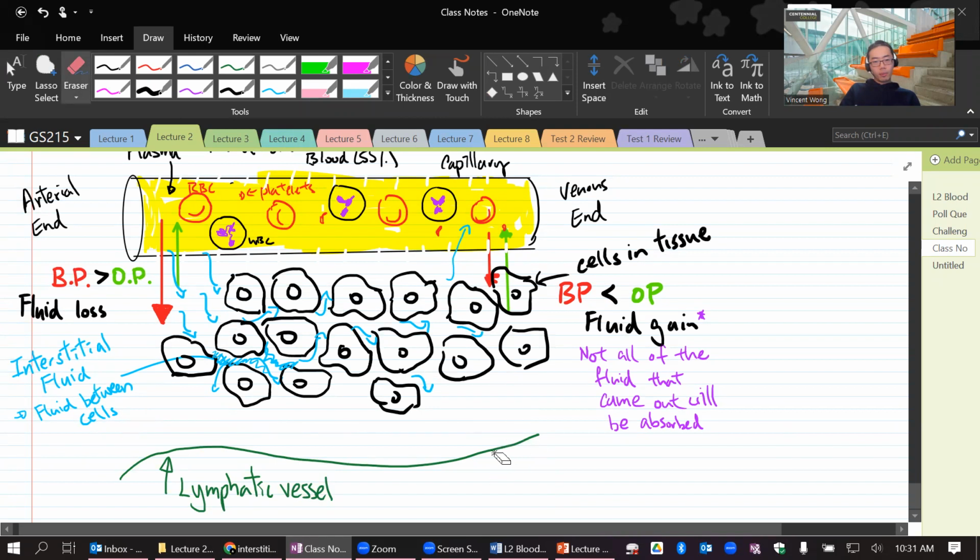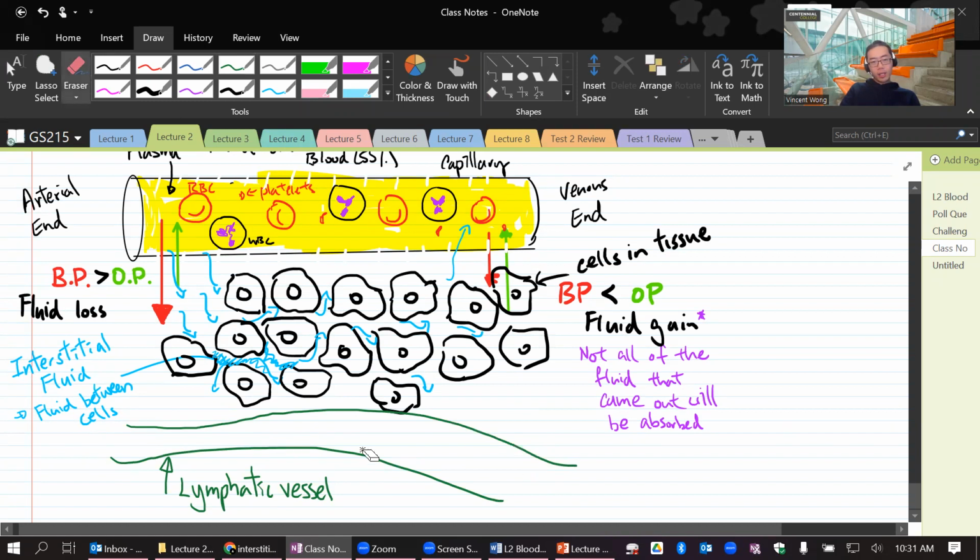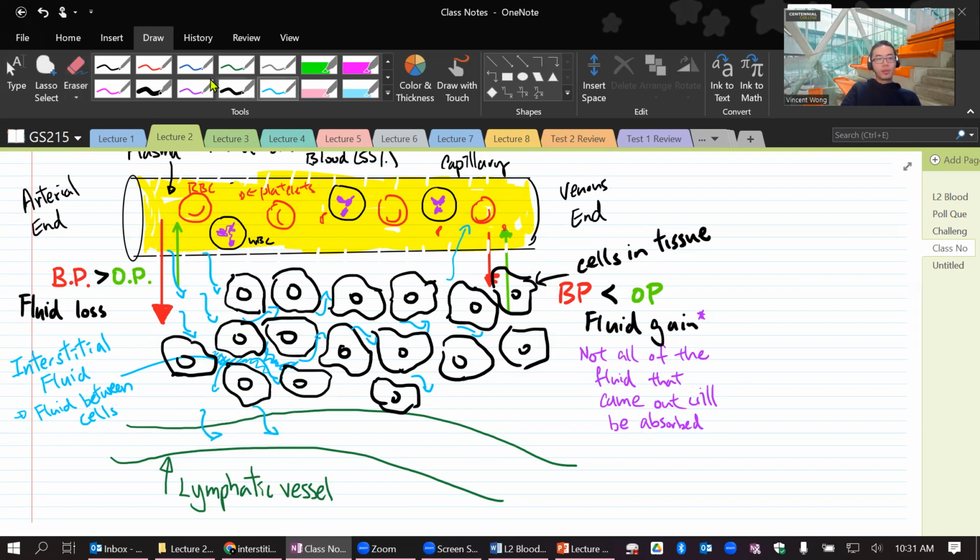Okay, let me draw that one more time. You're gonna have a lymphatic vessel that's really close to a capillary. So this interstitial fluid, some of it will go back in on the venous side of the capillary, but some of it is going to go into these lymphatic vessels.